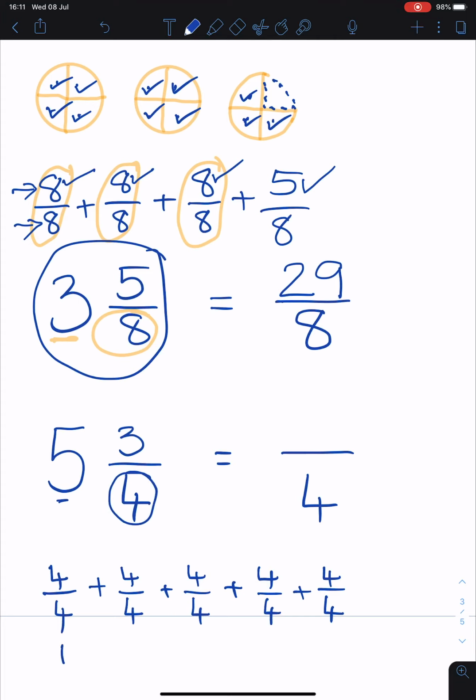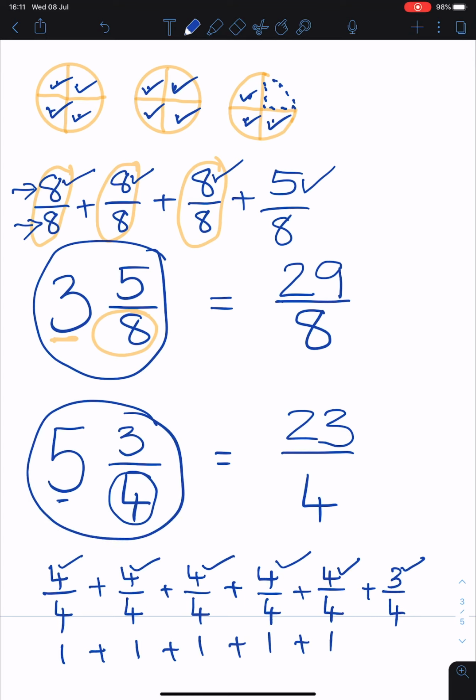So I have got 1 plus 1 plus 1 plus 1 plus 1, which is 5. Now I must add my little leftover bits, my 3/4. And if we add all of those together, 4, 8, 12, 16, 20, 23.